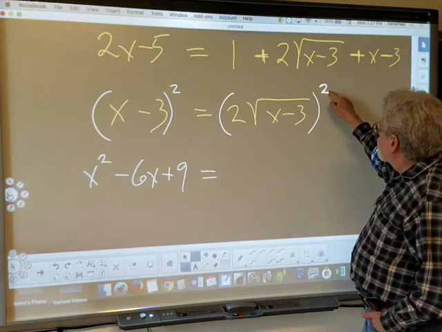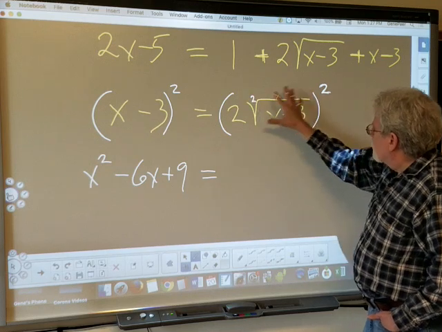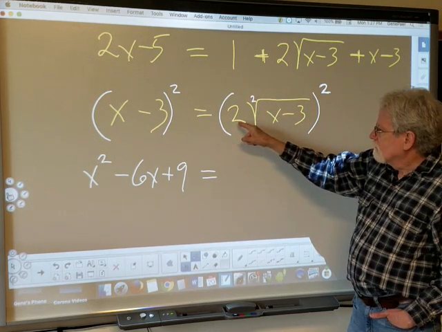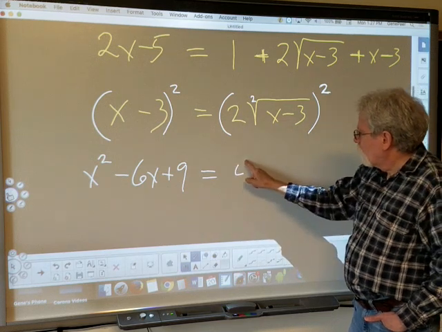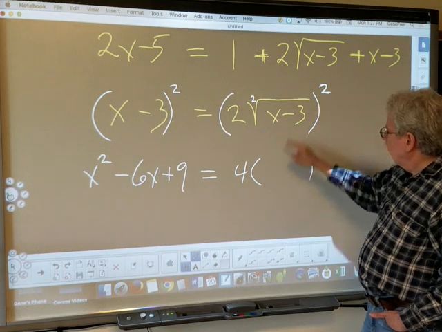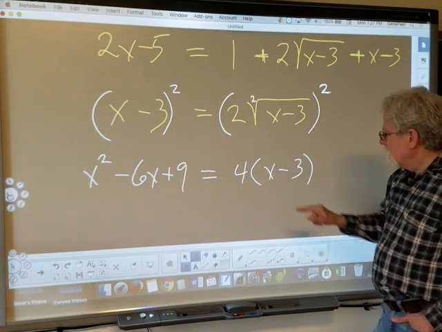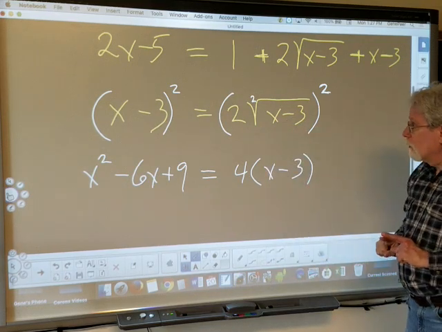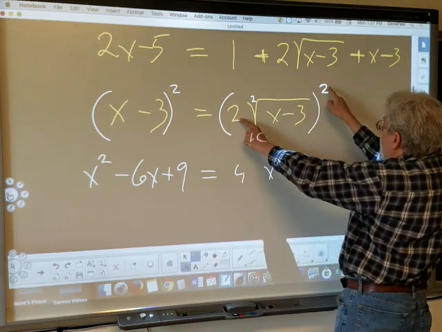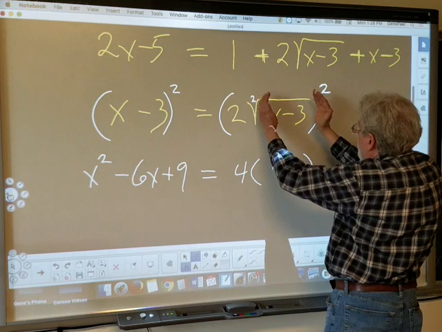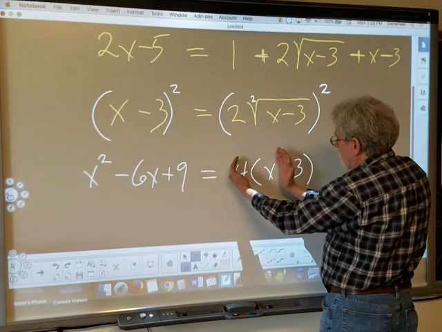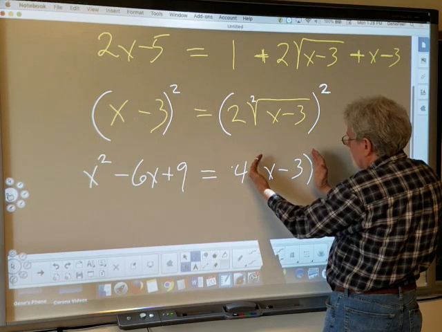Yes, we know that the square and the square root cancel each other out, but don't forget you also have to square the 2. 2 squared is 4 times the square root of x minus 3 squared, which is x minus 3. Those parentheses are vitally important because we're multiplying 4 by the whole thing squared, not just a piece of it, but the whole thing.